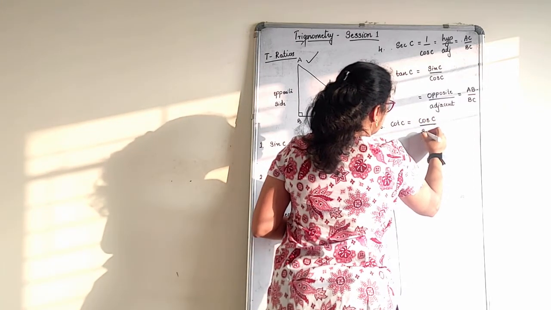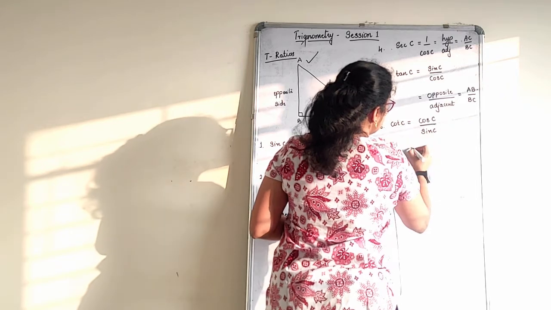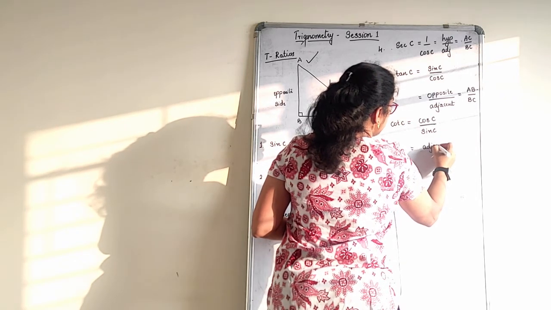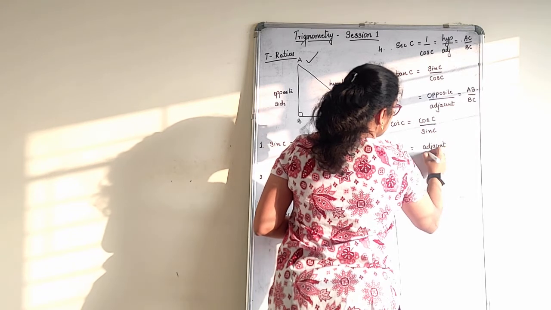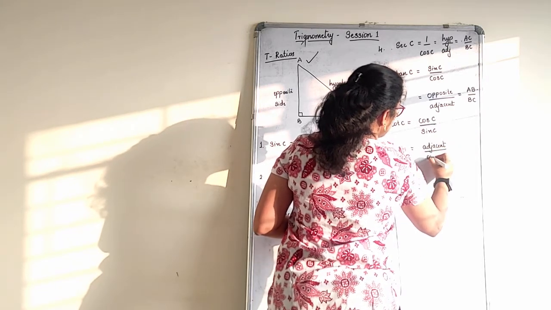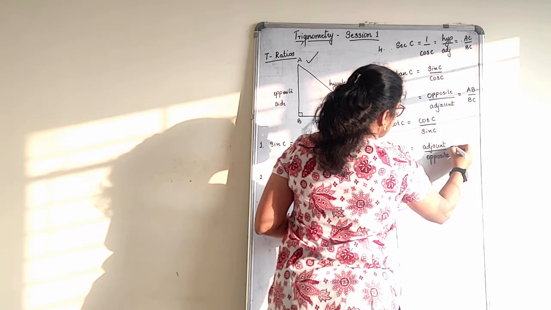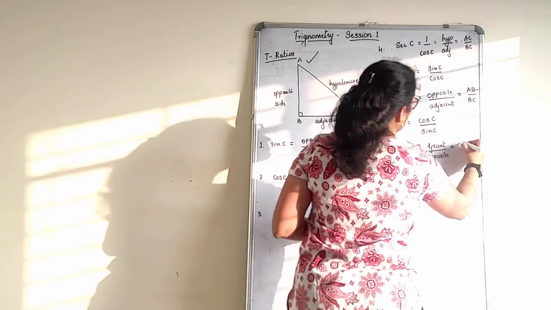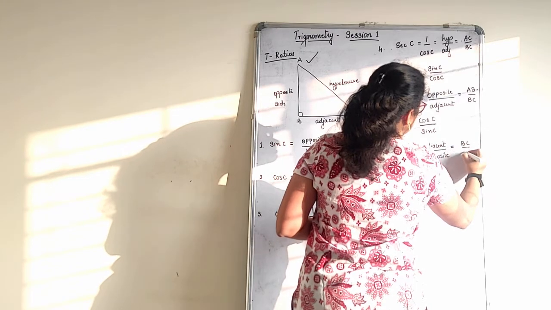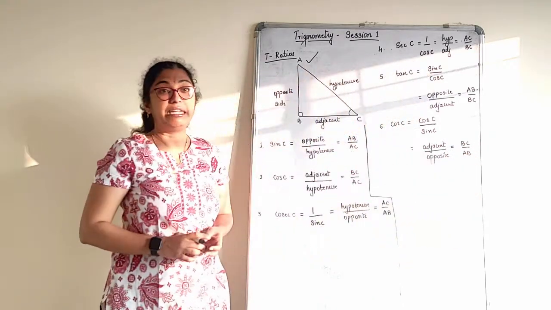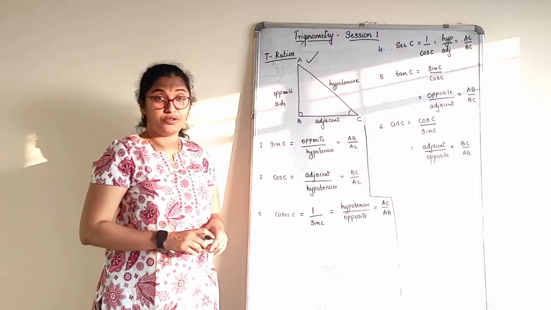Cos C upon sin C. So definitely this will be adjacent upon opposite, which is nothing but BC upon AB. There we complete these 6 ratios.